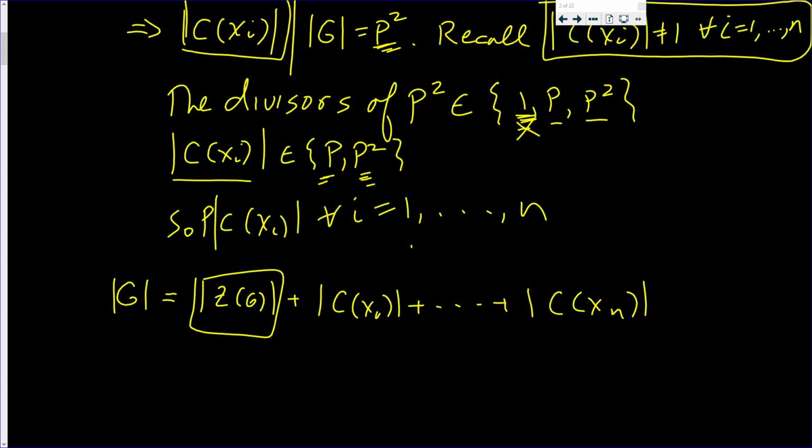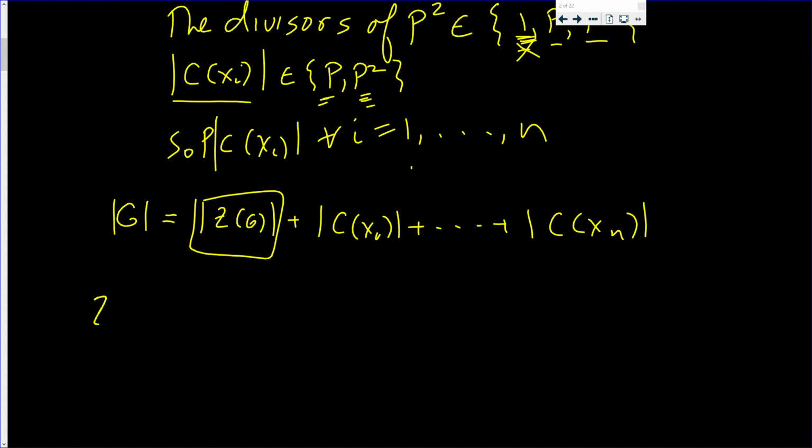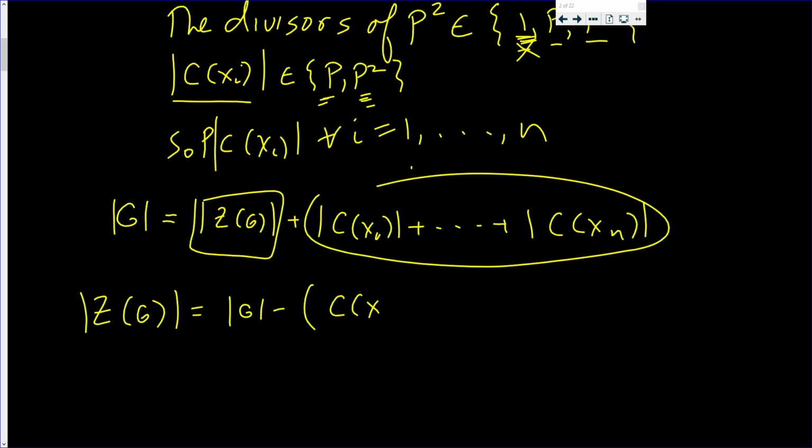Solving for this, we have that the order of the center of G is the order of G minus the order of C of x1, all the way down to the order of C of xn.